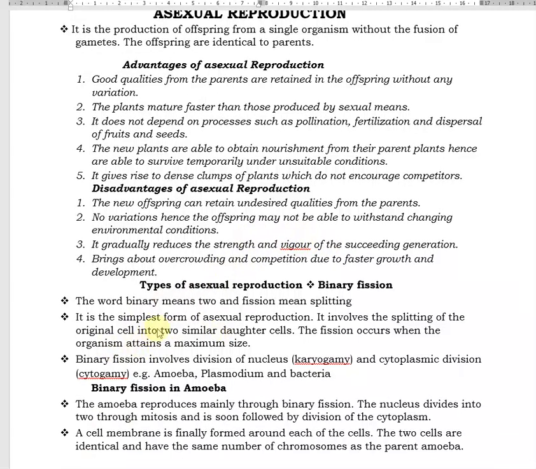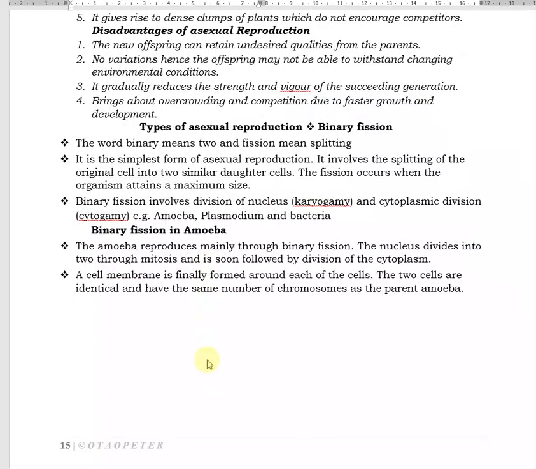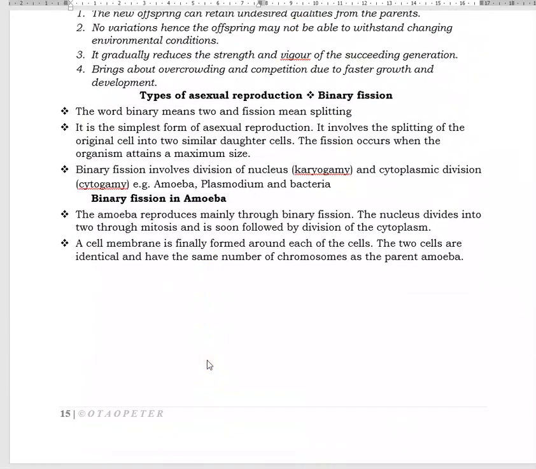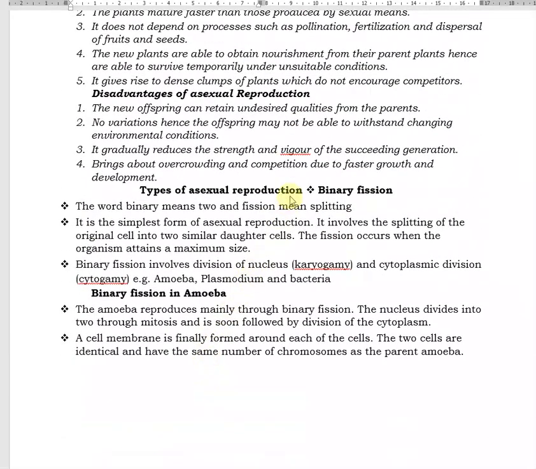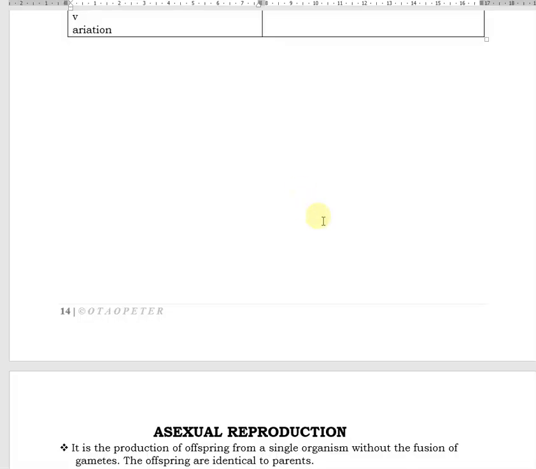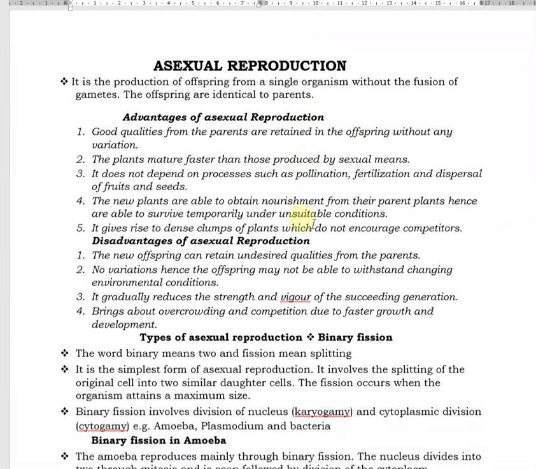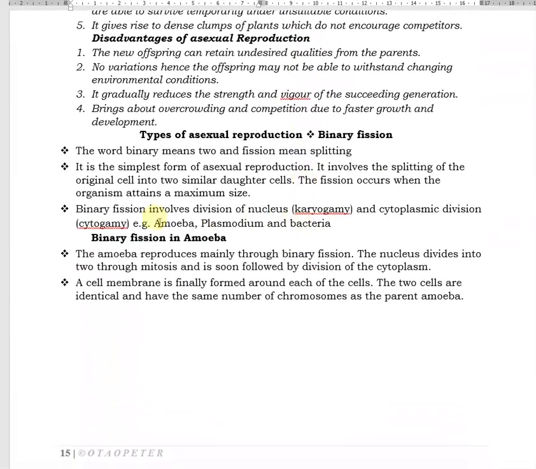We have types of asexual reproduction. Number one is binary fission, as in amoeba. Let's look at binary fission.